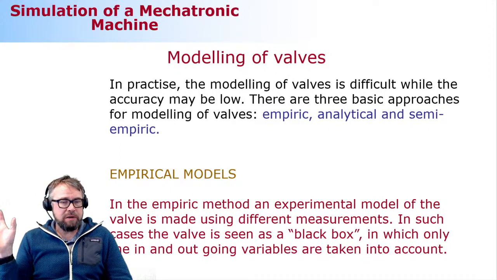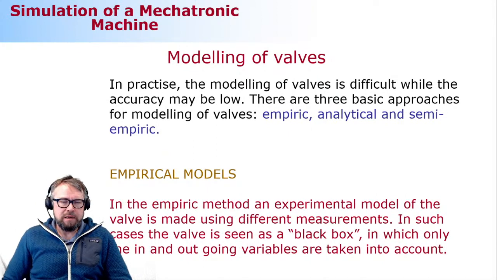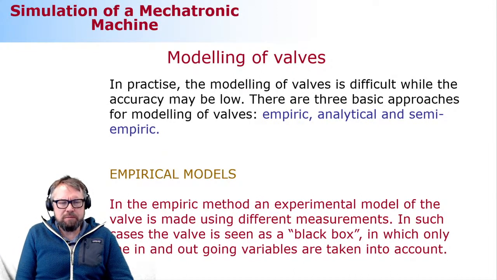But anyway, there's an awful lot of measurements put in a table. Then you just take the values from the table, and your component is considered a black box. You really don't know how it behaves, but you know what numerical value it is introducing. So empirical models require a lot of measurements.